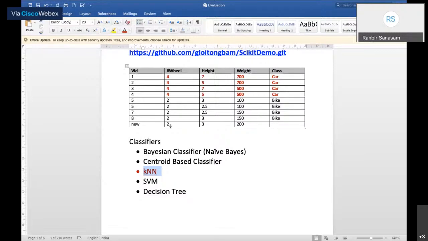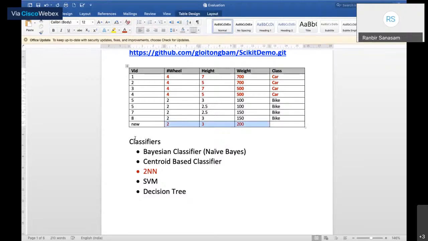So if I say k nearest neighbors, what I will do is, given the new example that I want to classify, find the k closest examples from my training data set. In this particular example, if I say 2-NN, it means give me the 2 closest examples from my training data, closest to the new vehicle that I want to classify.